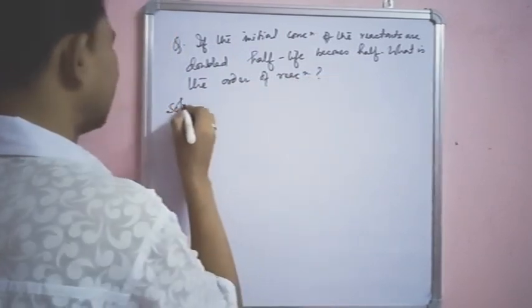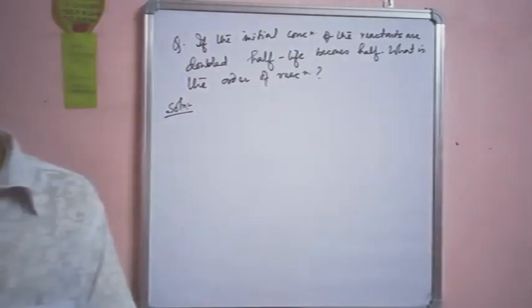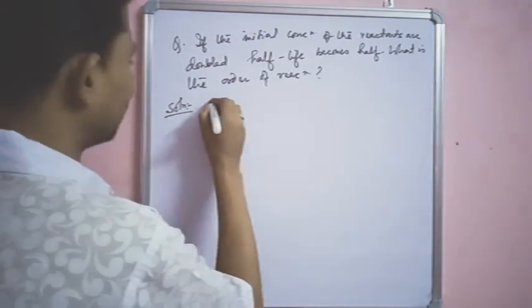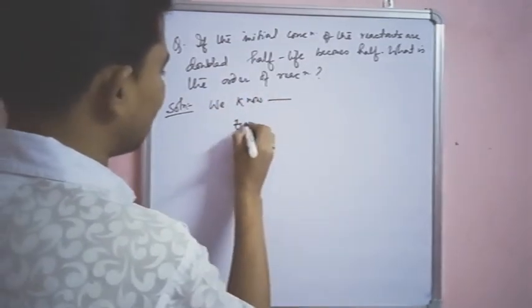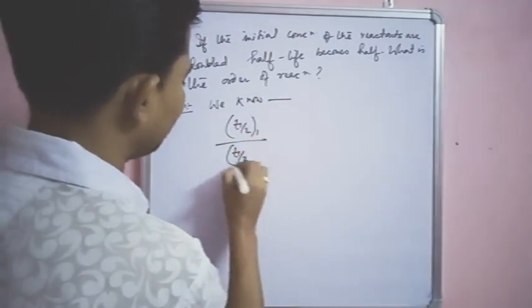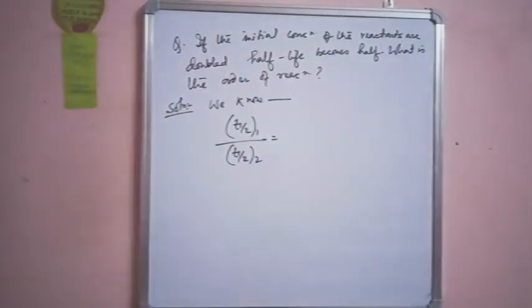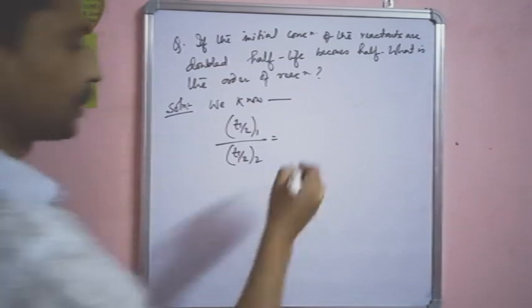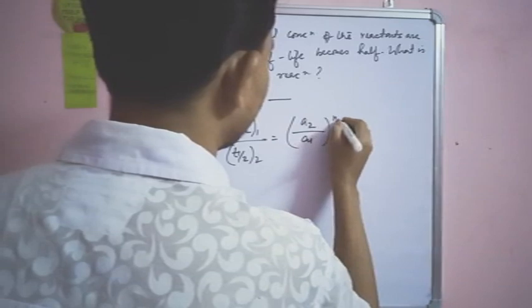So let's see how the solution goes. Okay. So solution is, we know that T half 1 by T half 2 is equal to A2 by A1 to the power n minus 1.